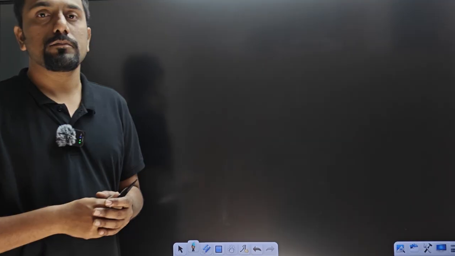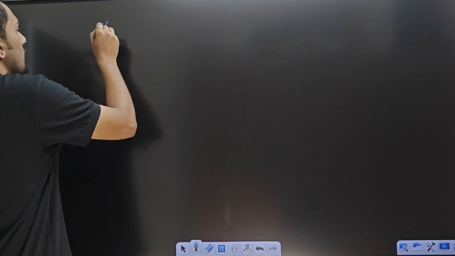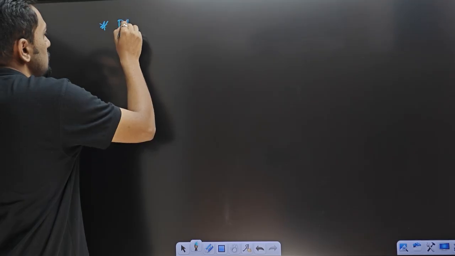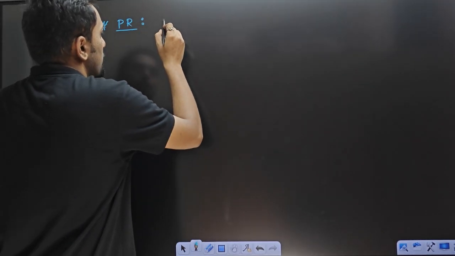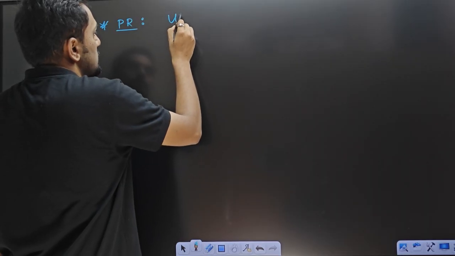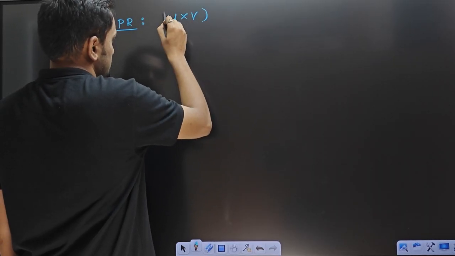Before I start with the session, I need to explain what we mean by the quotient rule and product rule in differentiation. The product rule is given by, suppose there are two functions u into v.